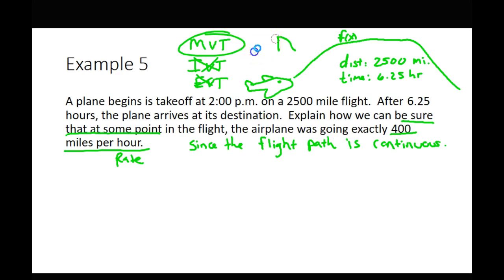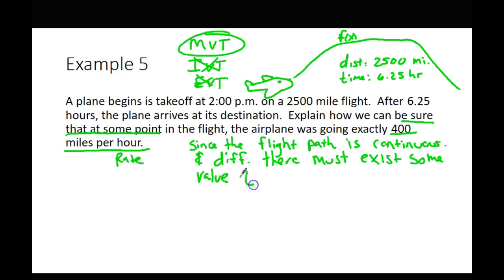That's impossible. So we can say that since the flight path is continuous and differentiable, there must exist some value.